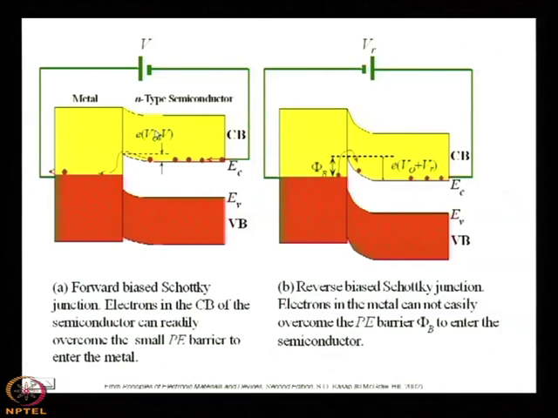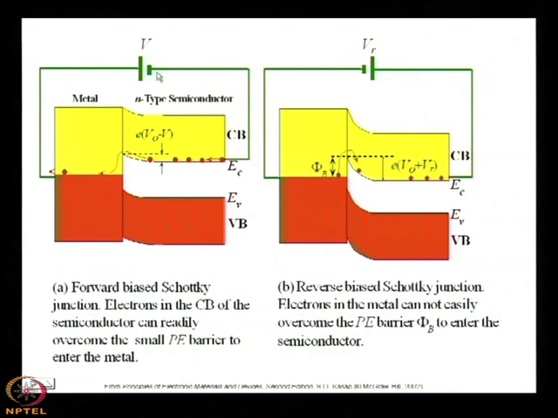Why? Because the semiconductor is n type. So, there will be a positive potential connected to the metal to make it forward bias. Because the semiconductor is n type, always the negative terminal of the battery must be connected with the n type semiconductor.